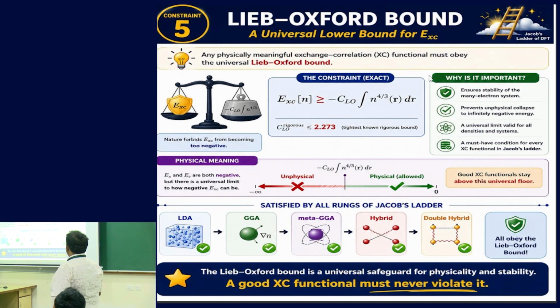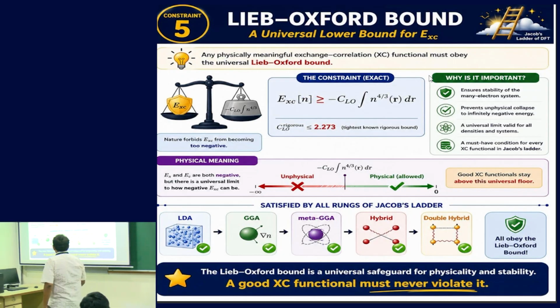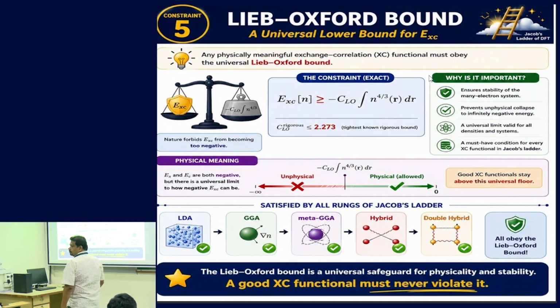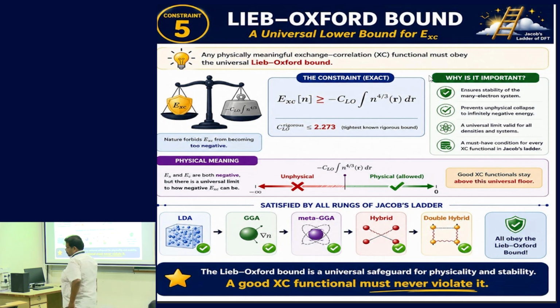That is called the Lieb-Oxford bound. Look here: it is zero, and then minus infinity. There is a boundary beyond which the value cannot cross. It cannot go down, that is not possible.